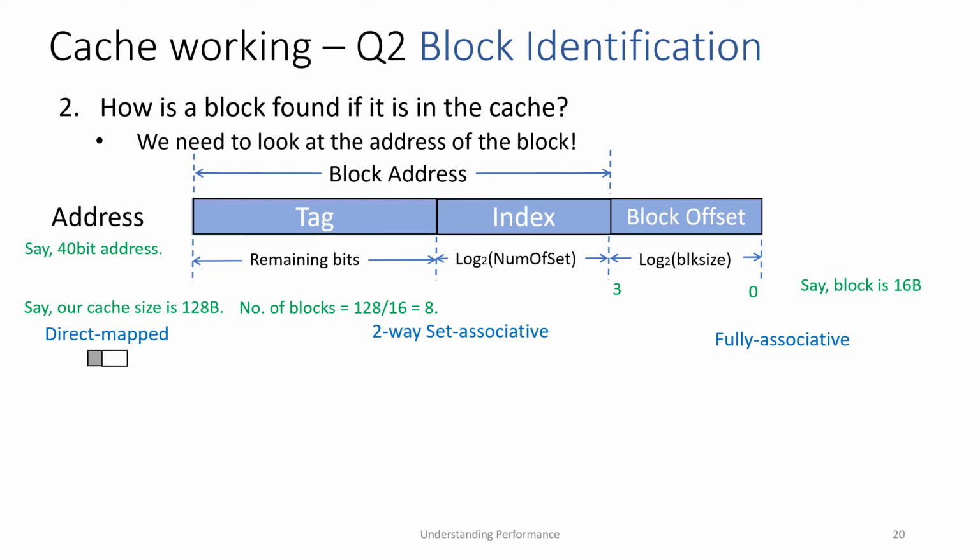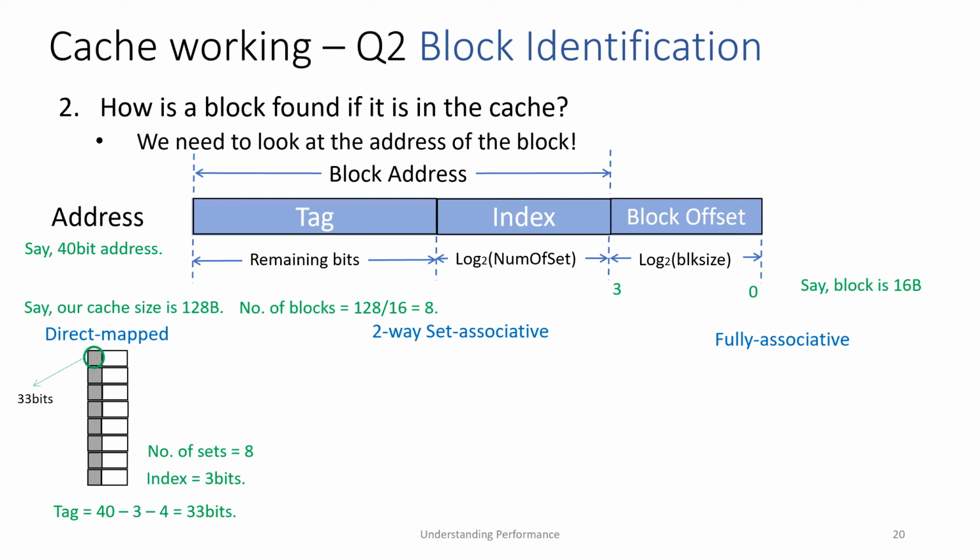Now, in direct mapped, two-way, and fully associative caches, the number of sets will differ. In direct mapped, there is a dedicated one-to-one mapping, right? So we will have 8 sets, and to identify one of these 8, we need 3 bits. So the index field is 3 bits, and the remaining bits, after removing the block offset and index, will be 33 bits.